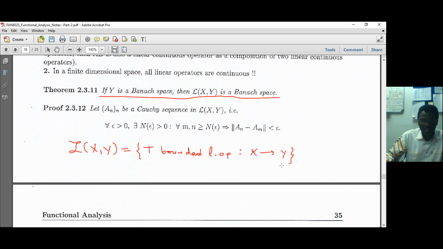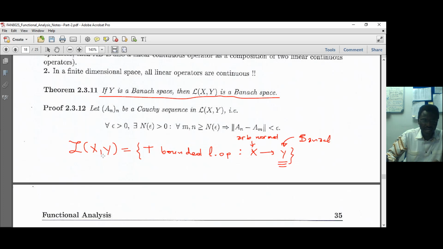Now, in this theorem, we are told that this is the source space and this is the destination space, or target space. If this target space Y is Banach, regardless of X, which is an arbitrary normed space, you look at Y to determine whether this is Banach or not.